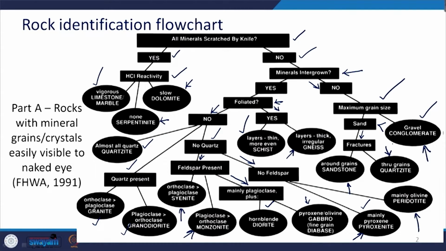So, you see, based upon the presence of different minerals, this is how we can identify the rocks which have sufficiently large mineral grains or crystals which we can see with our eyes.